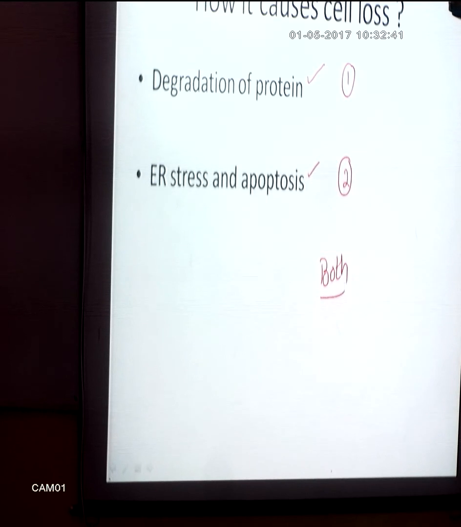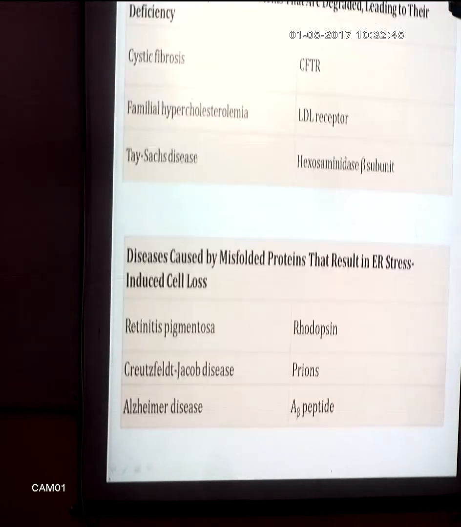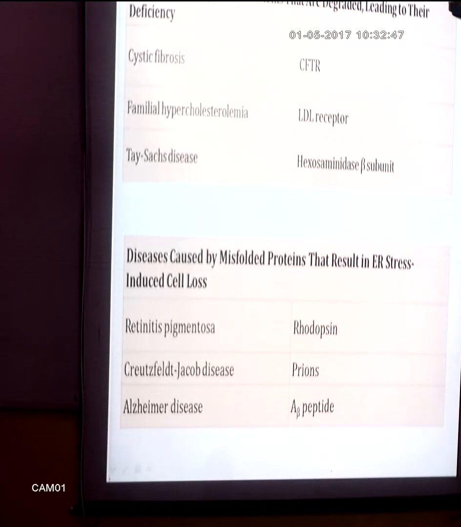That's the basis of the question which I asked. Which diseases will follow degradation of protein? Cystic fibrosis, familial hypercholesterolemia, Tay-Sachs. In these diseases, with the accumulation of damaged protein, production will be decreased or the mutant protein will be degraded.